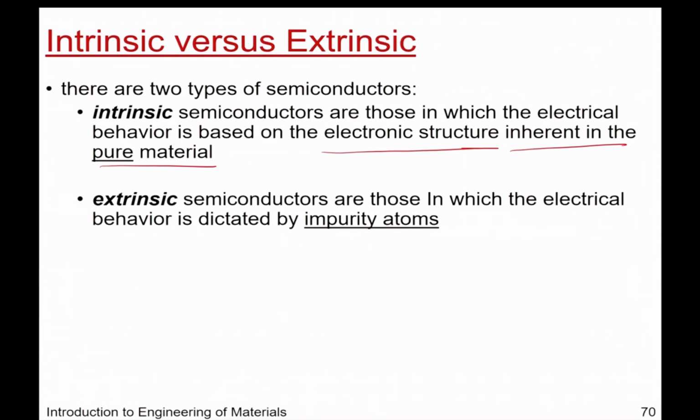Okay? So in itself, while the conductivity is low, and ultimately we actually will introduce impurity atoms so that we can engineer a semiconductor device, the starting point is an intrinsic semiconductor that is very pure.